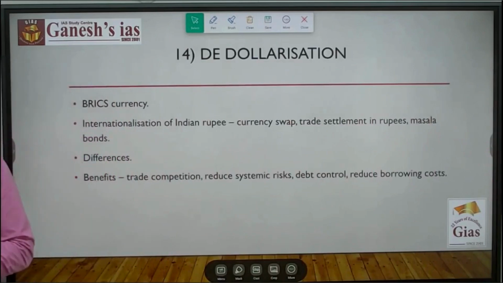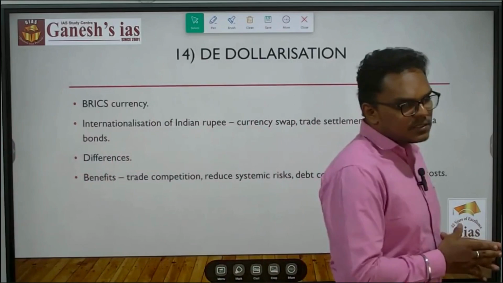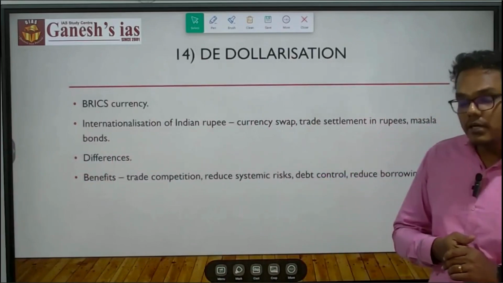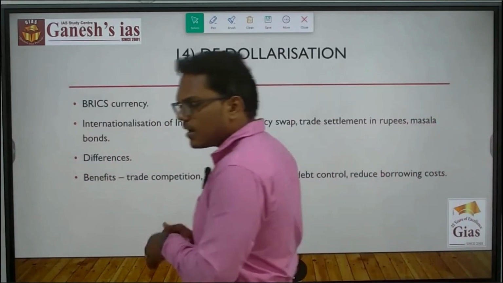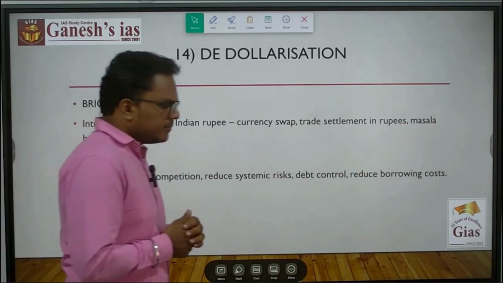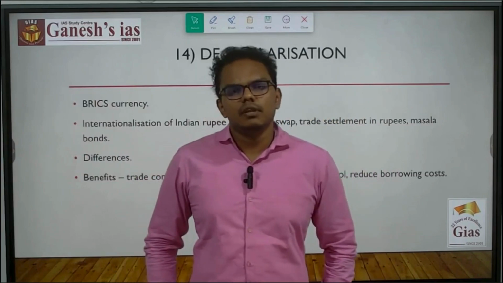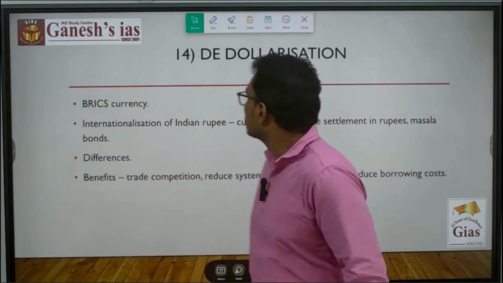Masala bonds are bonds that are issued abroad and denominated only in rupees. They are denominated in our local currency, not in dollars. So if you get to know about these, it's fine.